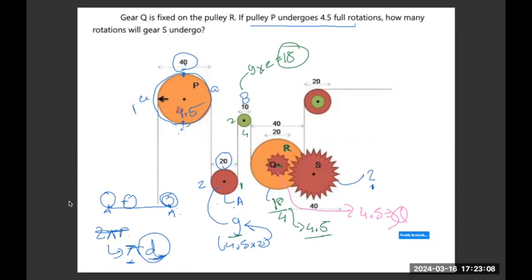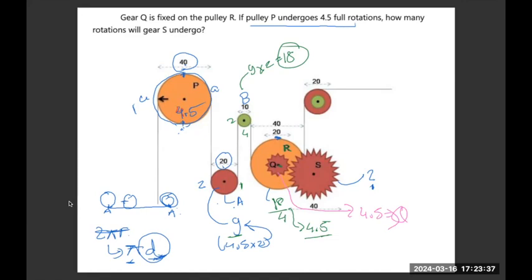Okay. Q and S are connected with each other. Now between Q and S, the diameter of Q is 20, the diameter of S is 40. Which means that when Q is undergoing 1 rotation, S will be undergoing half a rotation. Q will undergo 1 more rotation, S will undergo 1 full rotation.